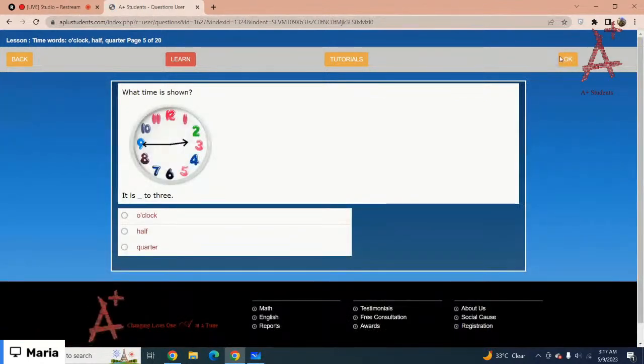Okay, what time is shown? Which is the correct option? Just answer in half, quarter, or o'clock. Do not write the time. Which is the correct option? It is dash to 3.